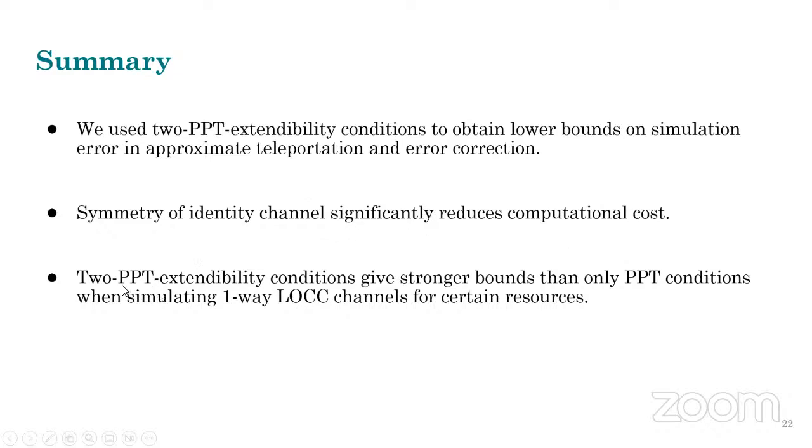We also find that the 2PPT extendability conditions give us stronger bounds than just PPT conditions when we are trying to simulate one-way LOCC channels. One-way communication is the key phrase, because that is why we have the extra non-signaling condition, and we cannot simply say this for LOCC channels.